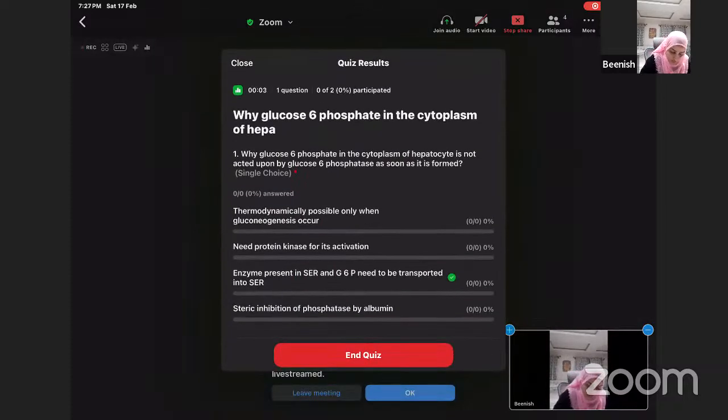Why is glucose 6 phosphate in the cytoplasm of hepatocyte not acted upon by glucose 6 phosphatase as soon as it is formed?